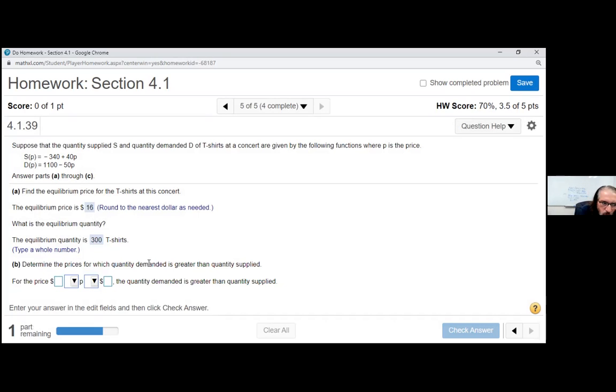Determine the prices for which the quantity demanded is greater than the quantity supplied. When is demand greater than supply?